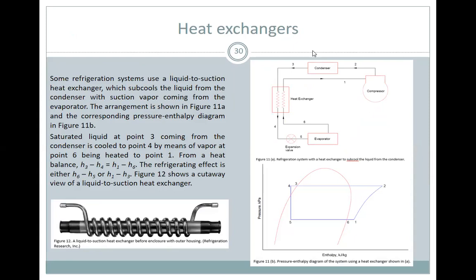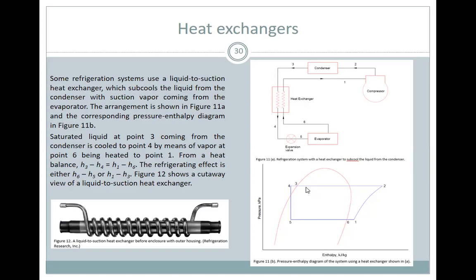Next, in the system, to improve the performance, meron tayong mga add-on. So ito, una, yung heat exchangers. Some refrigeration systems use a liquid to suction heat exchanger which subcools the liquid. So, tingnan niyo yung figure. Dito yung heat exchanger.